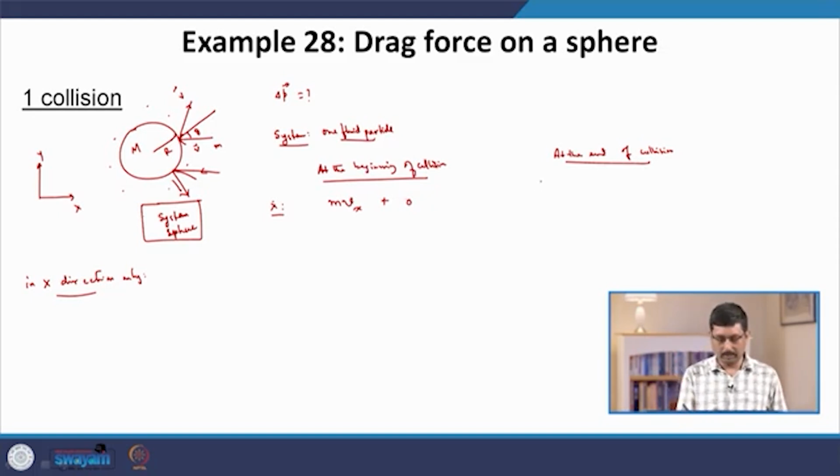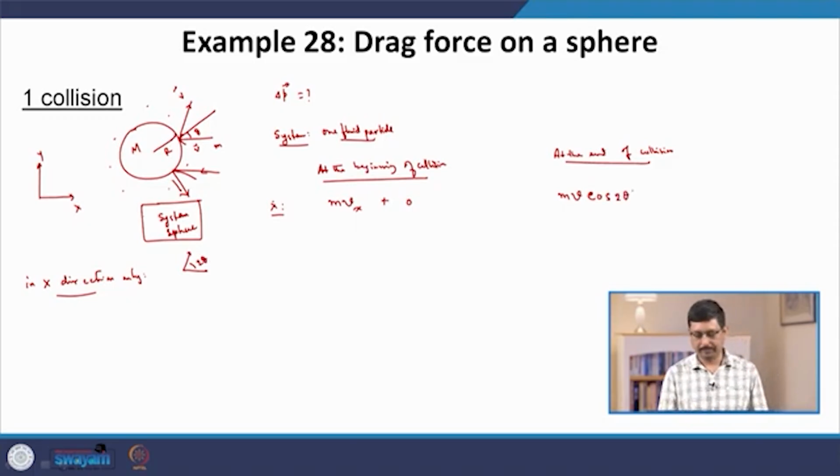At the end of the collision, the fluid rebounds in this direction. So, the angle with the x axis is 2 theta. Then, for the rebound velocity, the x component is m v cos 2 theta.